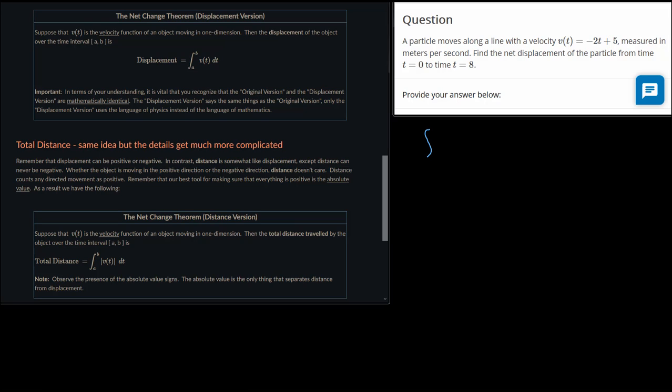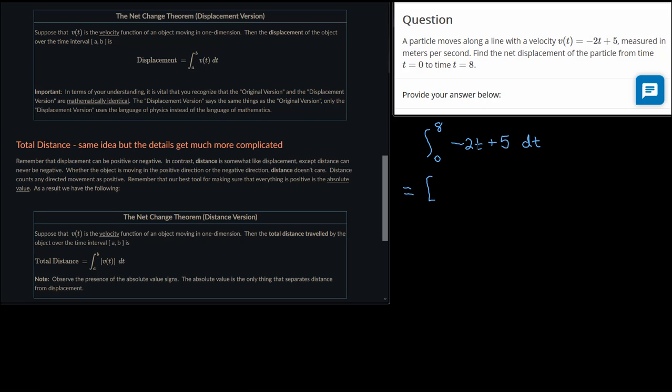It's going to be the integral from 0 to 8, in this case, of negative 2t plus 5 dt. And now it's just a matter of evaluating this definite integral, which, because of the fundamental theorem of calculus, is not too bad.